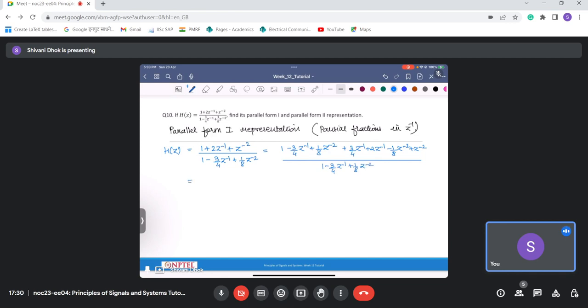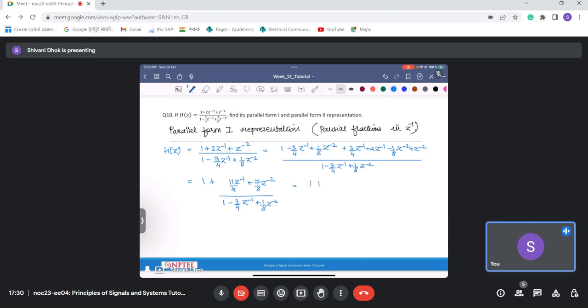So this I can write as 1 plus, this reduces to (8 plus 3) 11 z^-1 by 4 plus 7/8 z^-2, whole divided by 1 minus 3/4 z^-1 plus 1/8 z^-2.